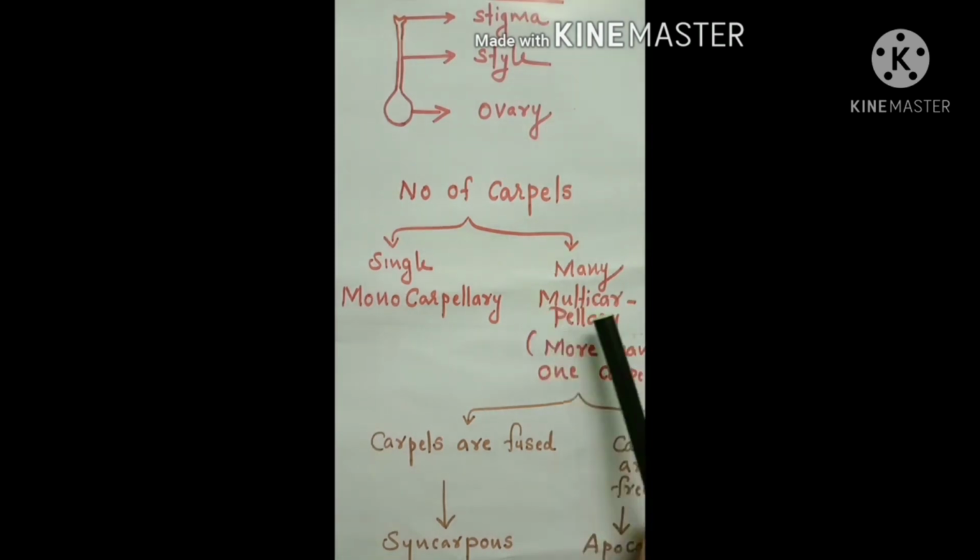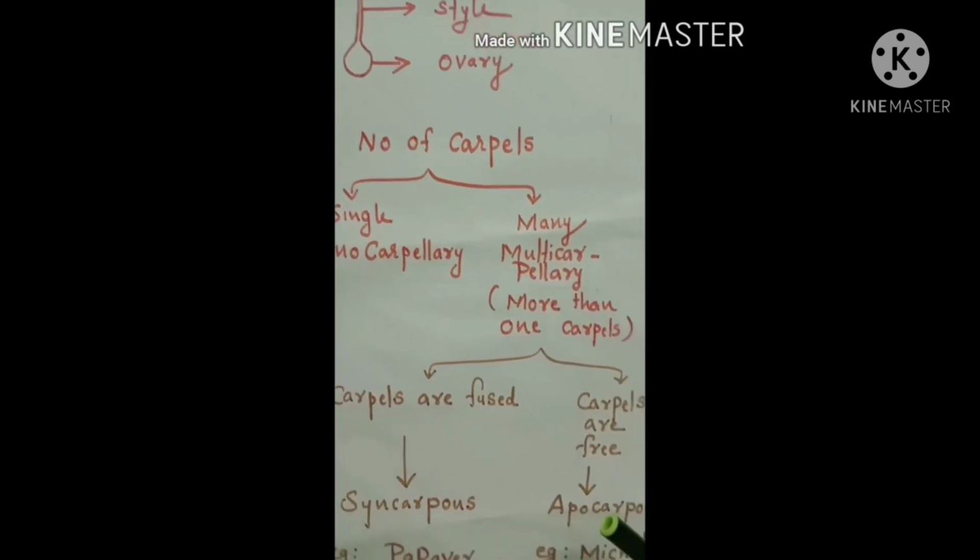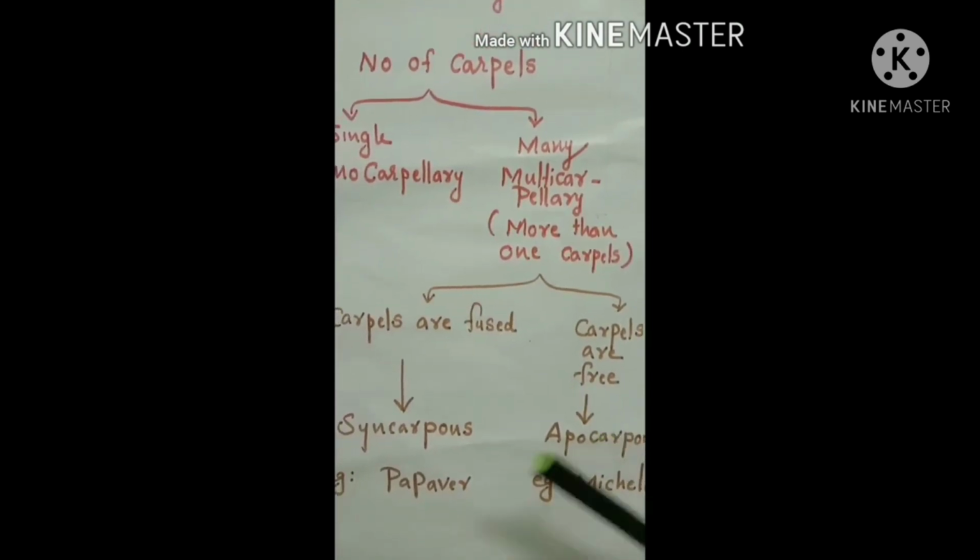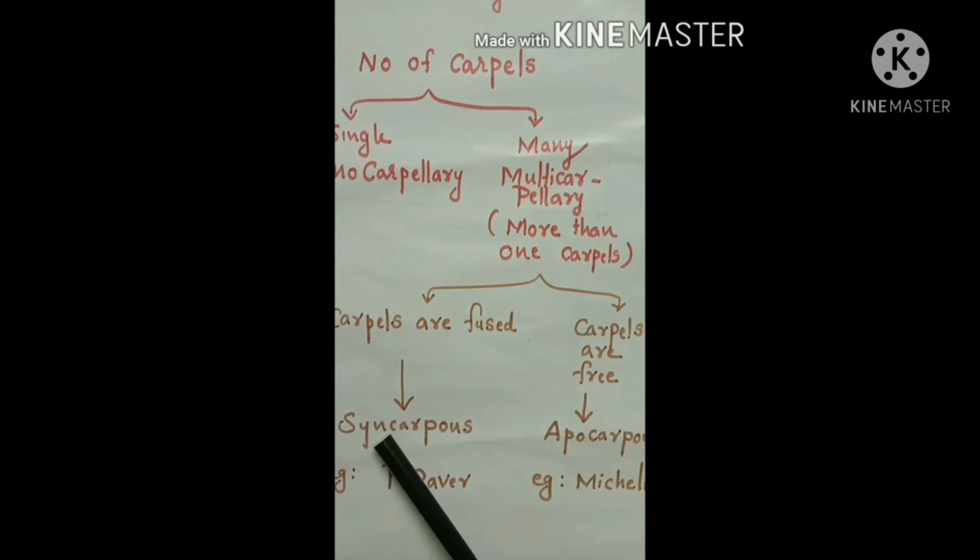In the multicarpellary condition, if more than one carpel is present, the carpels may be free or fused. If the carpels are fused, that condition is called syncarpous. Syn stands for union: carpels are united.